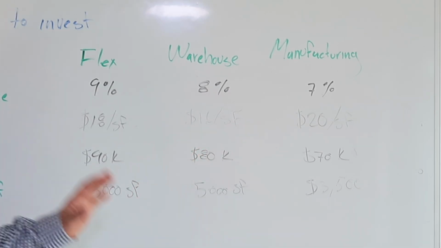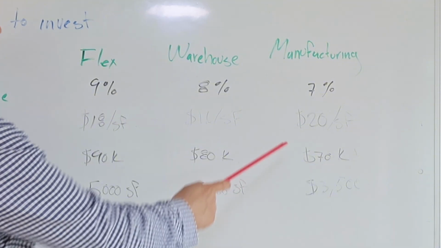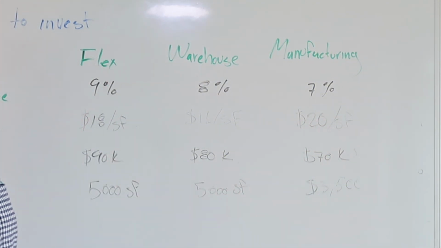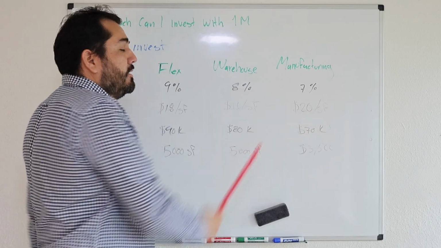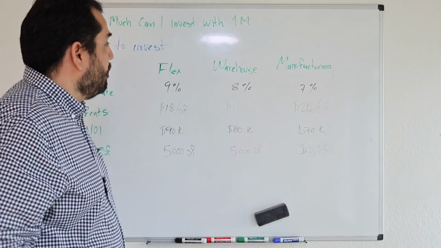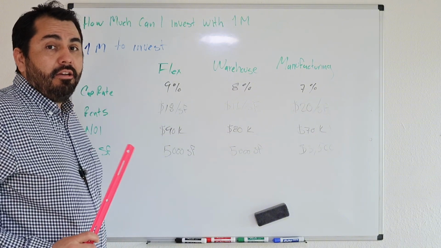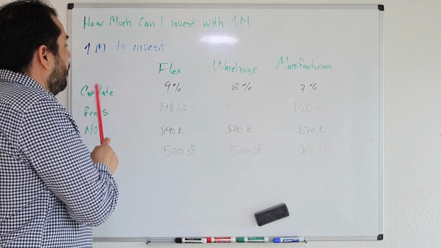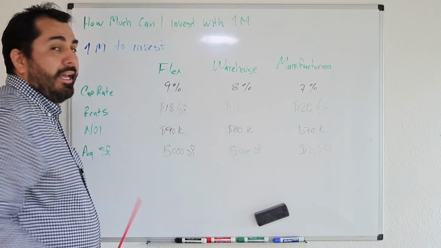In warehouse they are a little bit cheaper, $16 per square foot. And in manufacturing, since we need power and all this infrastructure, the rents are the highest, $20 per square foot.